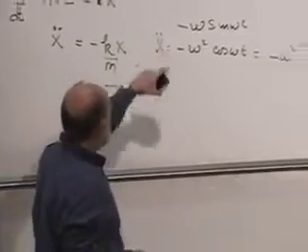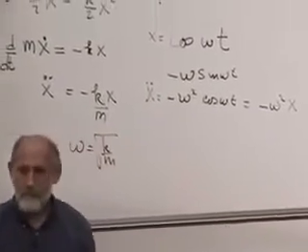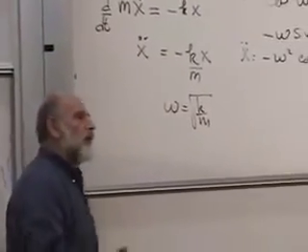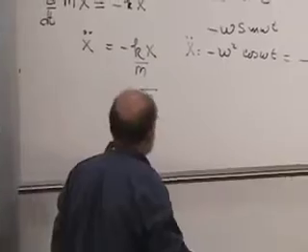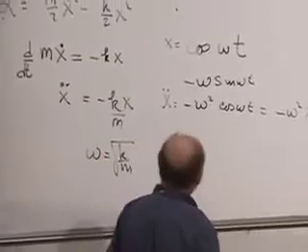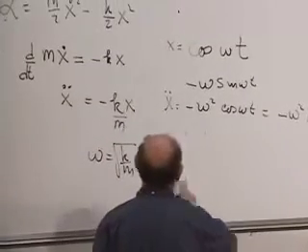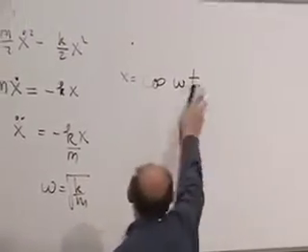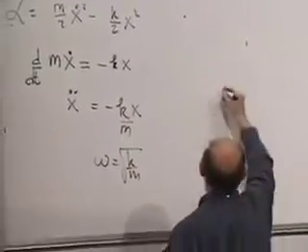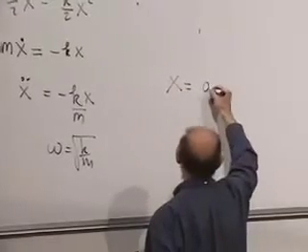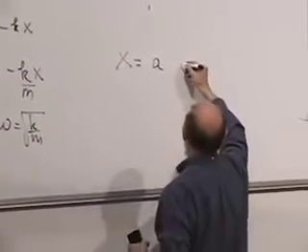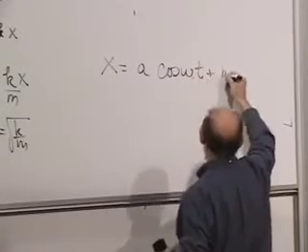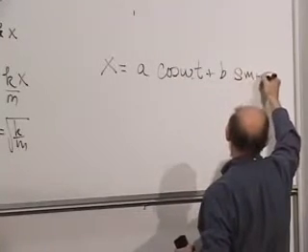Supposing instead of putting cosine there, I put sine. Same thing. If I differentiate sine, I get cosine. If I differentiate cosine again, I get minus the sine. So this would also work for sine. In fact, it will work for any linear combination. x is equal to a times cosine omega t plus b times sine omega t.